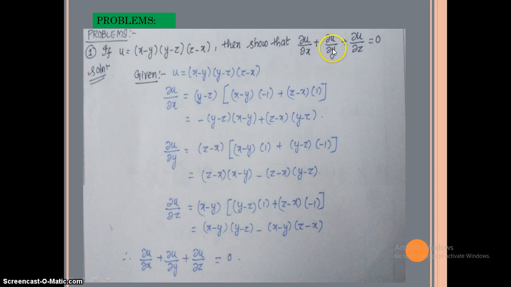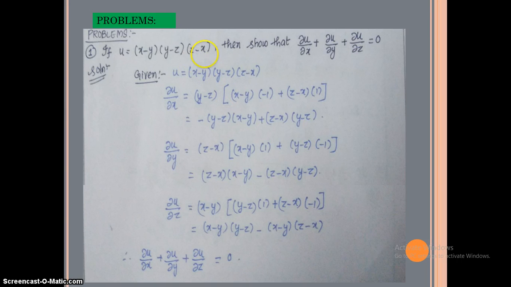Next, dou u by dou y. With respect to y, which one is the constant term? z minus x is the constant term, so I can take it outside. The remaining term is in uv form, this one is u and this one is v. What is the formula for uv? u dv plus v du, that is the formula.